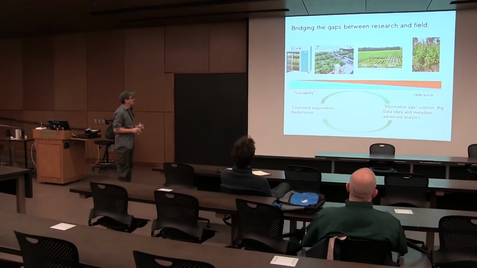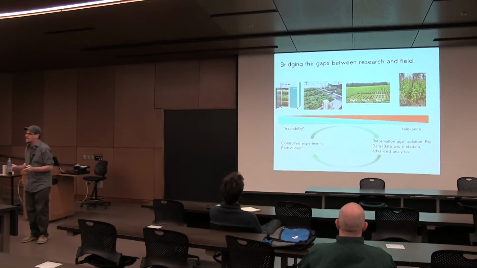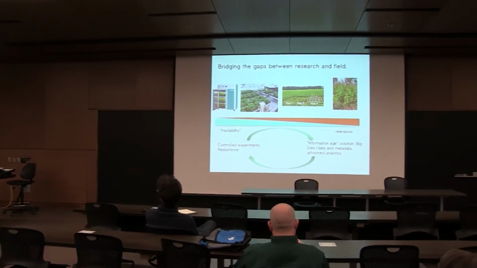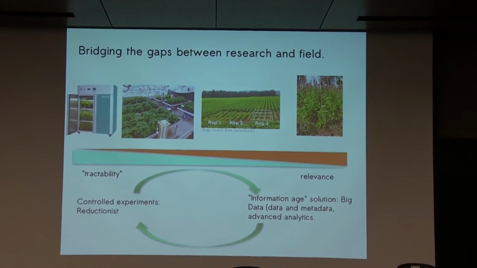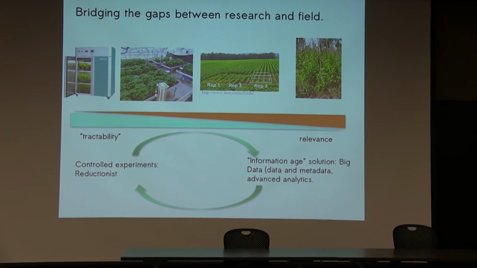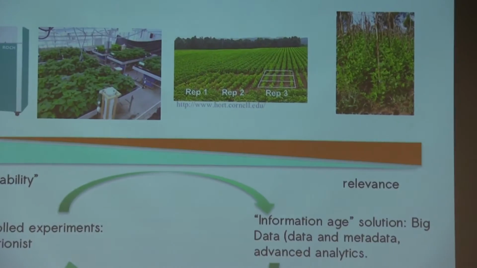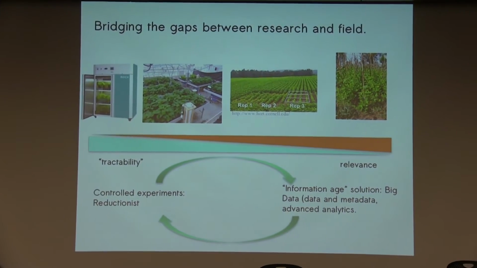But there's a trade-off. Here, in the controlled environment, your statistics works. You can vary things very carefully. It's very tractable, but it's oftentimes not relevant to what's really going on here. And out here is a big mess. So many interacting factors. It's very difficult to control it.